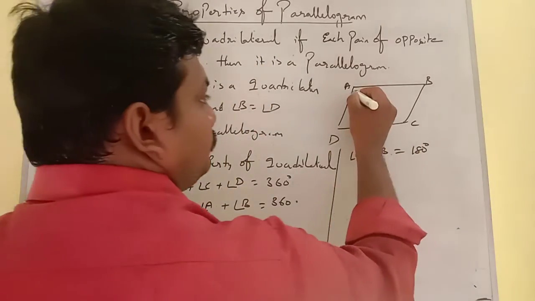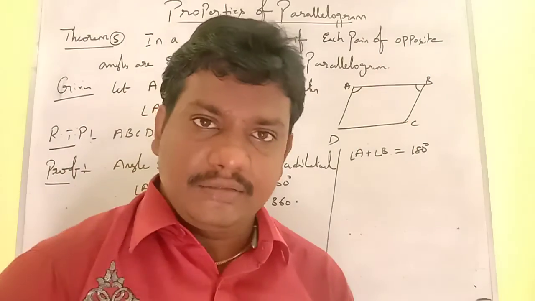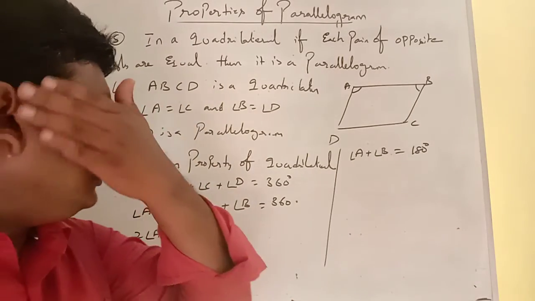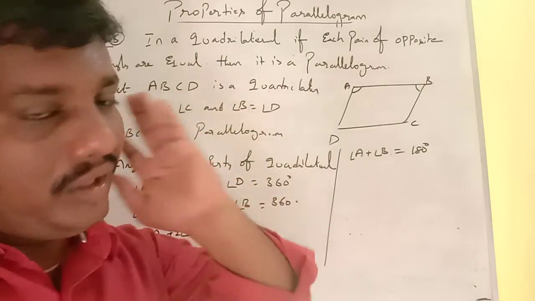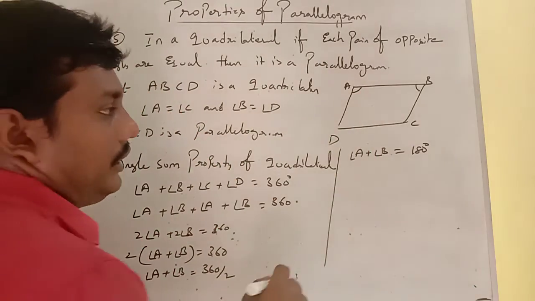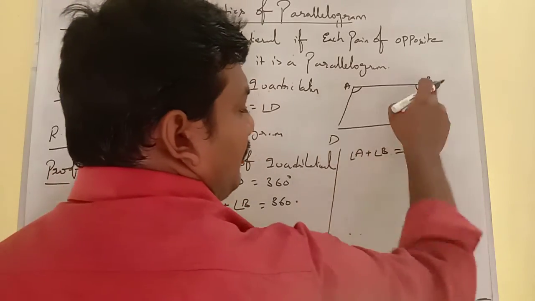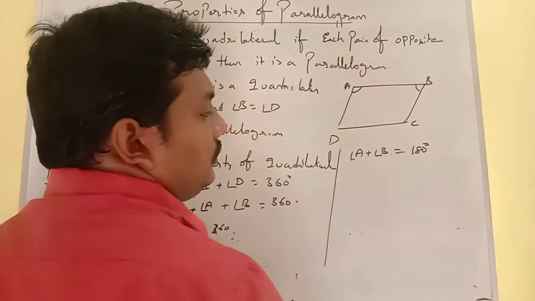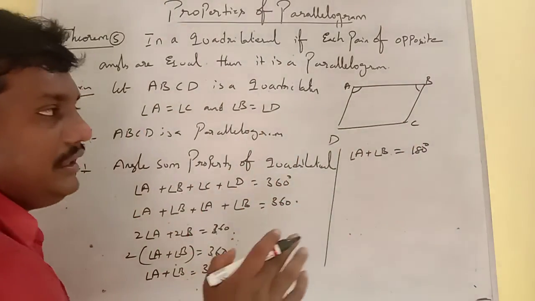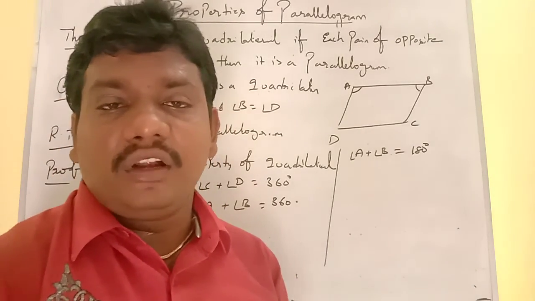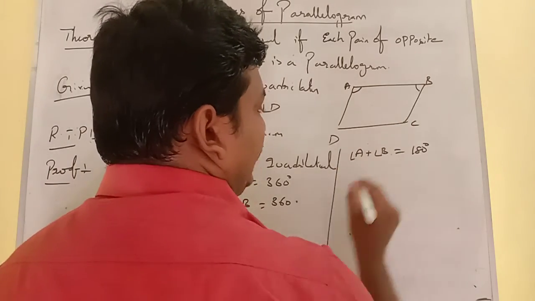The sum of these two adjacent angles is 180 degrees. These are interior angles on the same side of a transversal, called allied angles. If you consider AD and BC as two lines and AB as the transversal, and the sum of the interior angles on one side is 180 degrees, then these two lines are parallel.